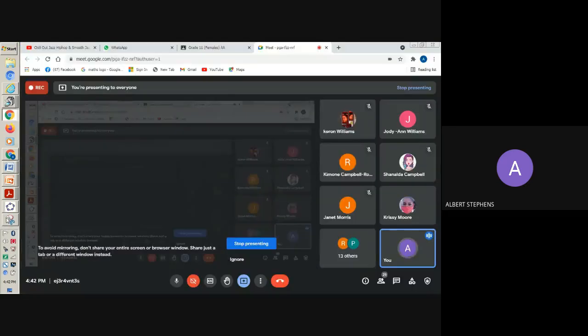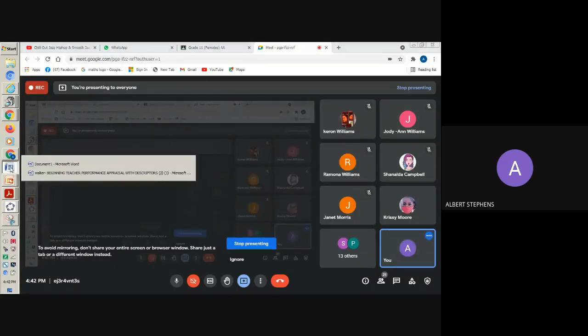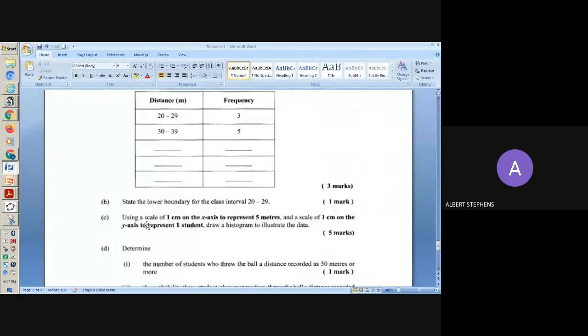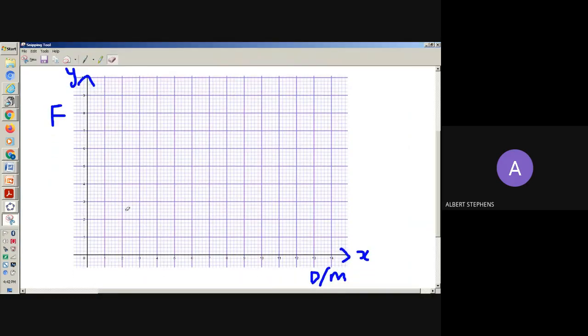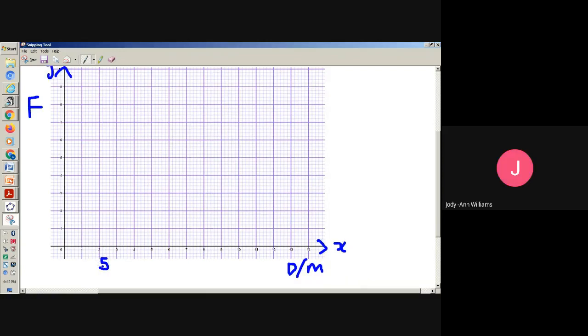On the x-axis, it says, using a scale of 1 centimeter on the x-axis to represent 5 meters. So for every 1 centimeter, you're going to have a scale of 5.